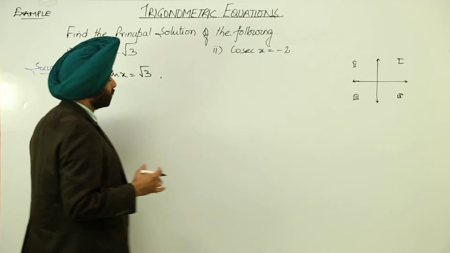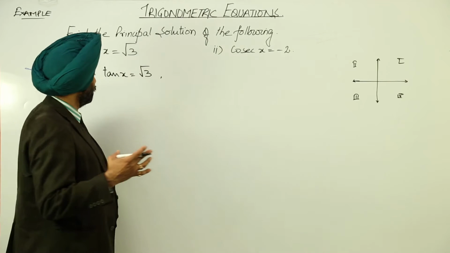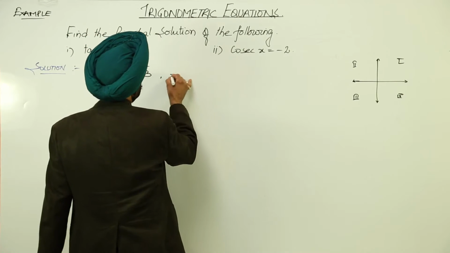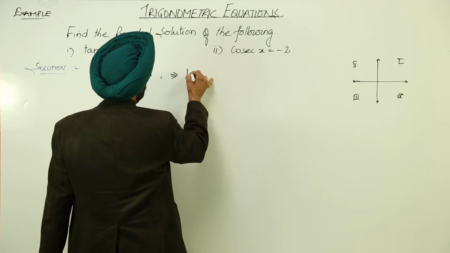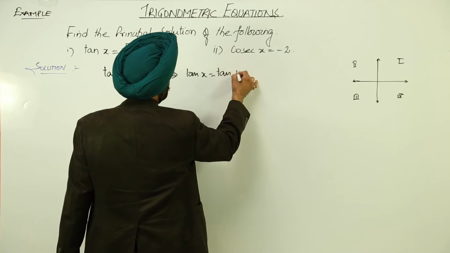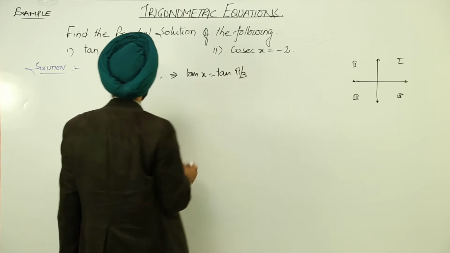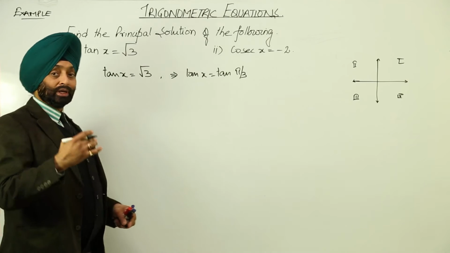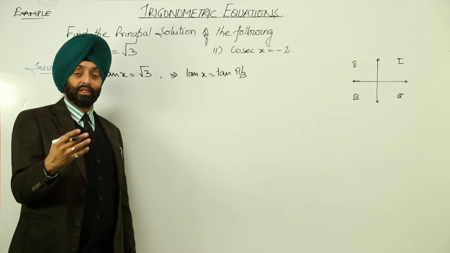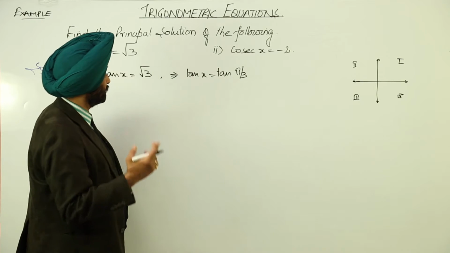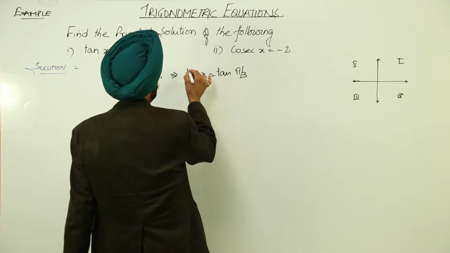Then we have to check what is the value for tan x equal to root 3. Tan x is equal to tan pi by 3, because it is positive. If you convert it to degrees, it becomes 60 degrees.